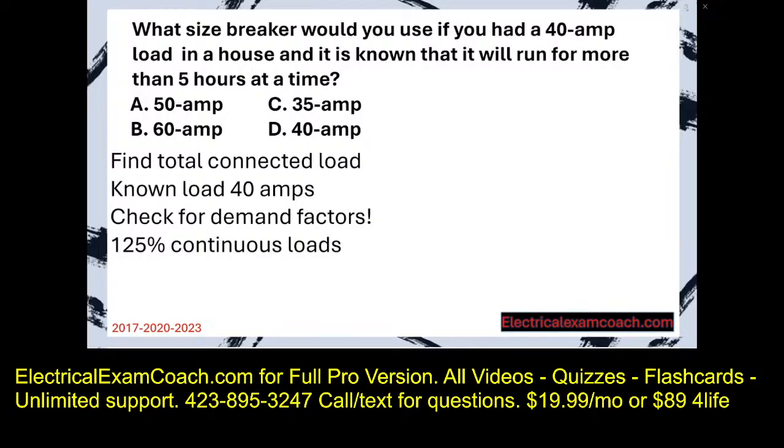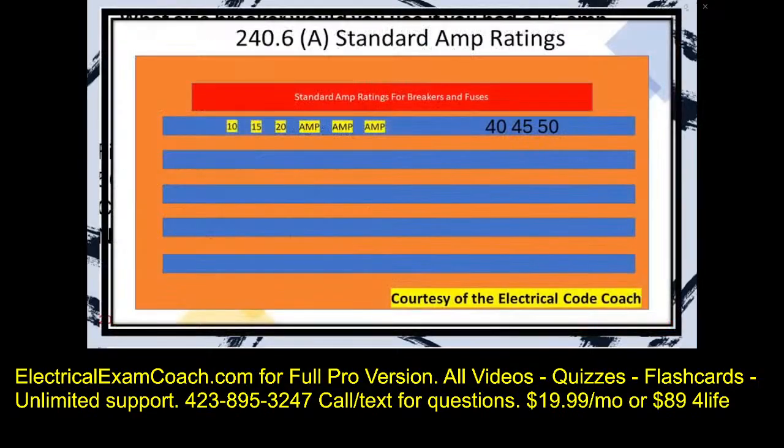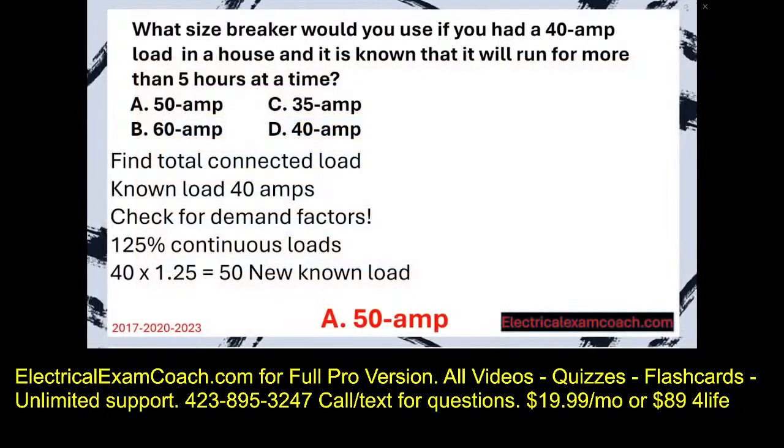They'll put, what if the load runs for 16 hours or 20 hours? If it's anything 3 hours or more, it's going to have that 125%. We take our known load multiplied by 1.25, and that gives us a 50 amp new known load. We head to table 240.6a, and we're going to land directly on a standard size breaker, which is a 50. So we come back and select A.